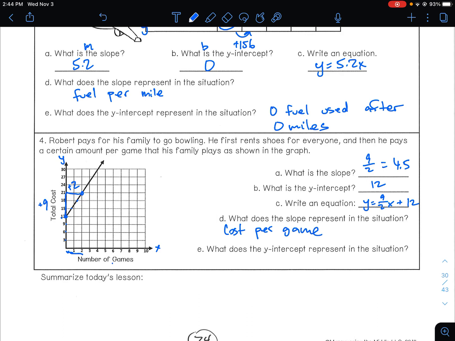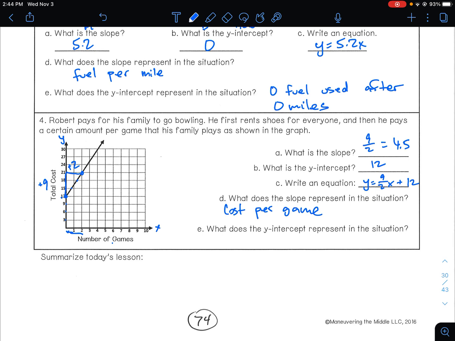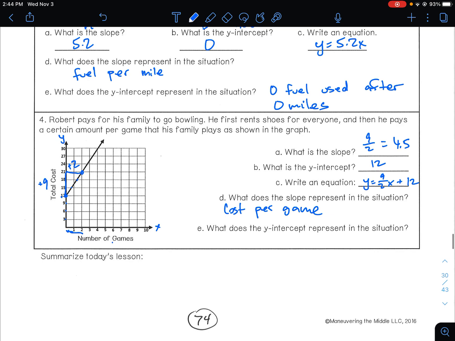Looks like the cost per game is $4.50. The y-intercept represents, well, he paid $12 initially. Why did he pay $12 again? It's because he rents shoes. It's 12, which is the shoe rental cost.